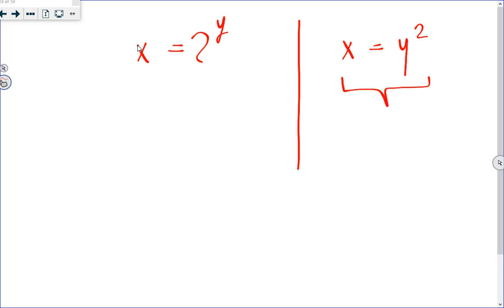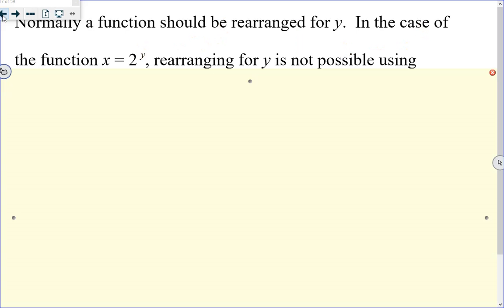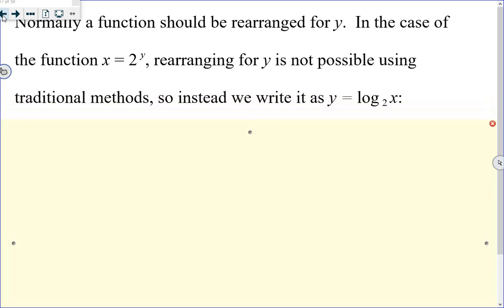So you haven't been taught the symbolic language that will allow you to write y equals. Well, it turns out you write this. And now we're going back to the notes. It turns out that when you rearrange x equals 2 to the y for y, you get that expression.